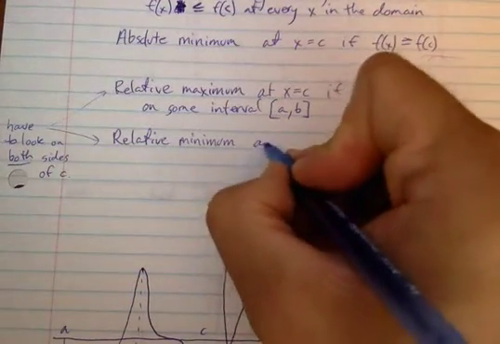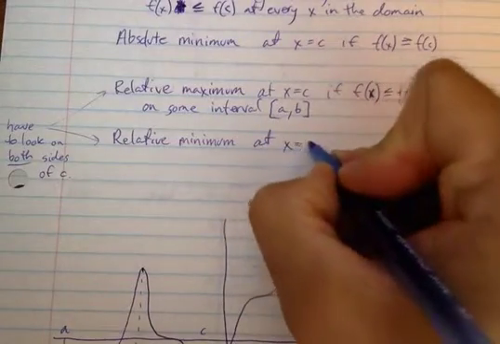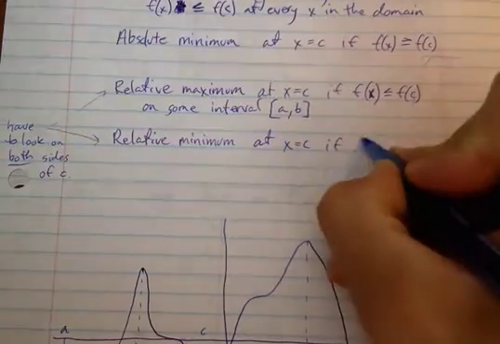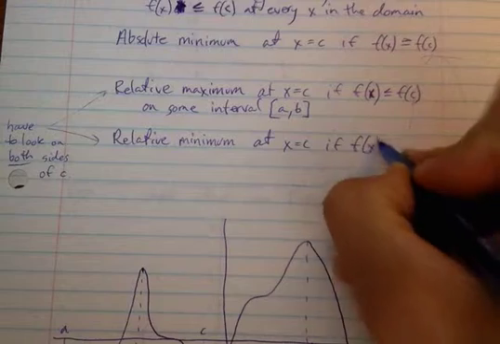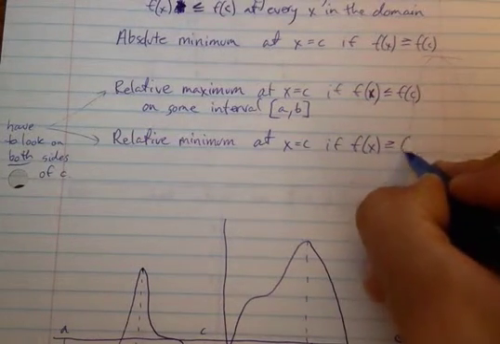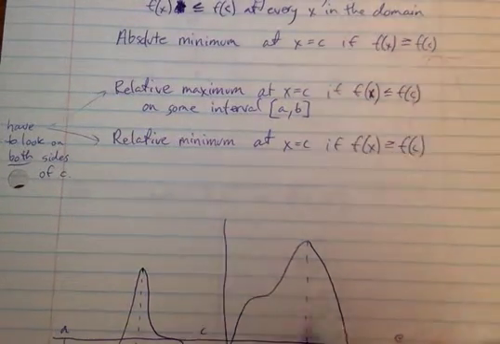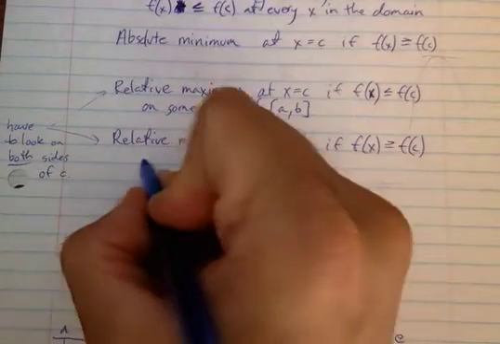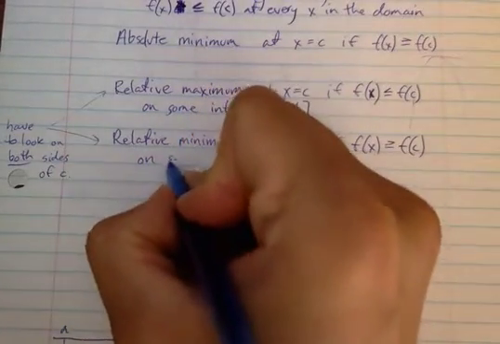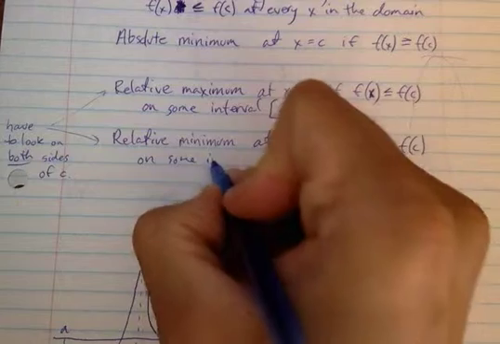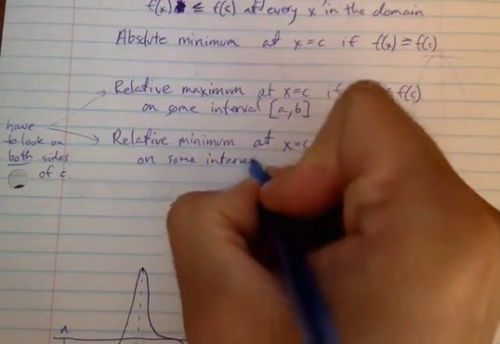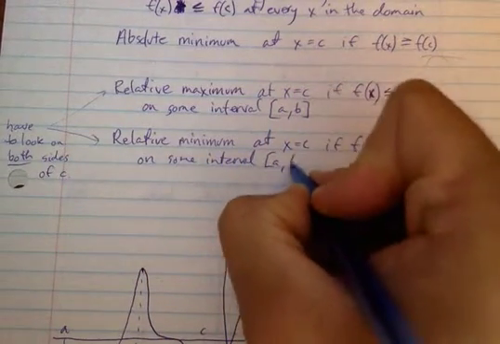Okay, and then a relative minimum at x equals c if f of x is greater than or equal to f of c. If the function around it is all greater than this point, then that makes it the minimum on some interval a, b.